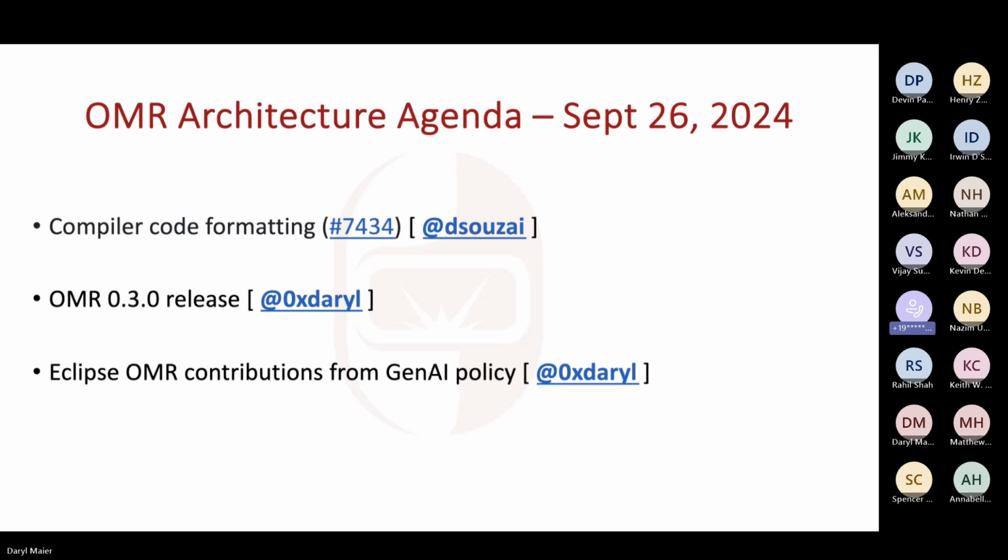So you can just go look at all my stuff and make sure that I didn't do anything crazy. And before we actually submit all these things, as part of that code format PR, we should also have a commit that merges all the namespaces into one. Right? So all the TR namespaces should be in one, and all the OMR namespaces should be in one, so that way you don't have that big.